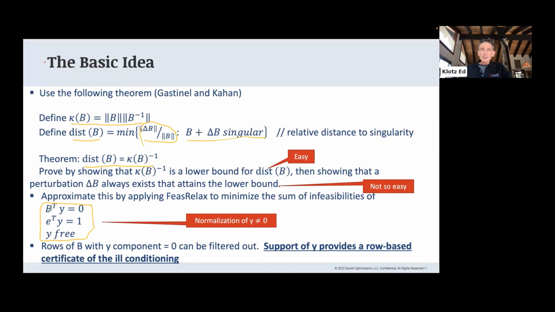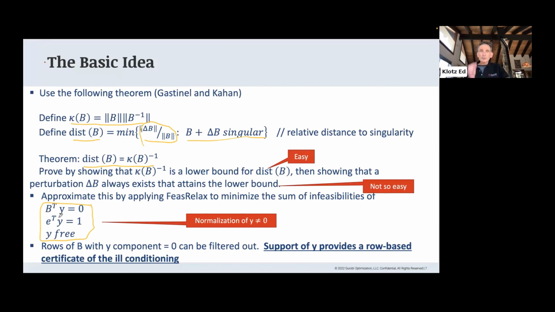But if B is non-singular and close to singular, we can find a solution for the problem of minimizing the infeasibilities of this system, where the sum of the infeasibilities is small. And that gives us a measure of the distance to singularity of this particular matrix B.